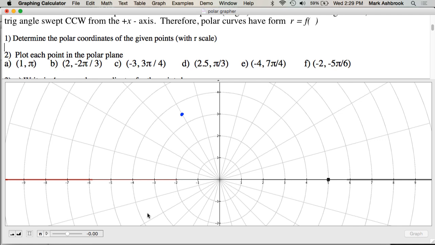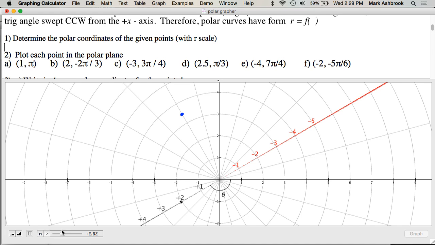So negative 5 pi over 6, negative angle means sweep clockwise. And 5 pi over 6 will be where? Oops, sorry. This is clockwise, so it's a negative angle. And 5 pi over 6 is here. And I think then that point is... and so is that the point then?